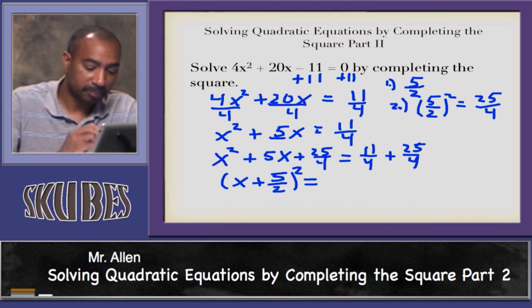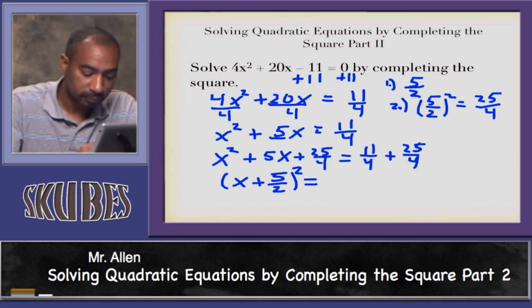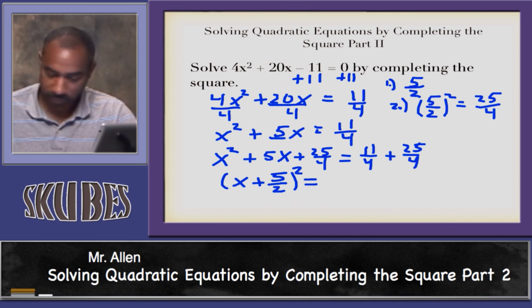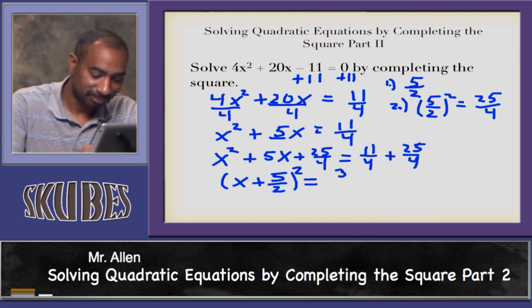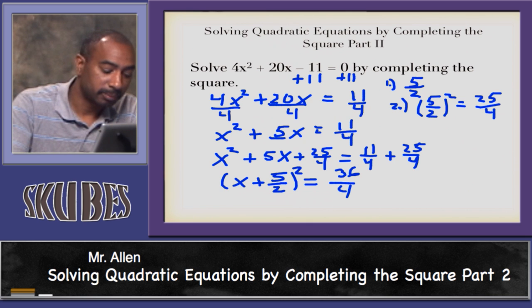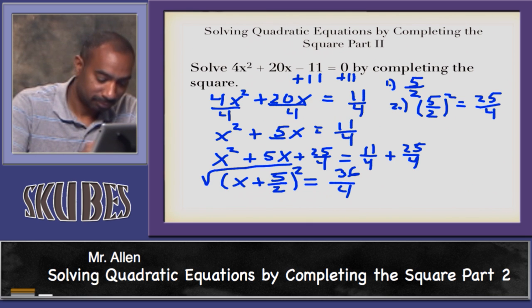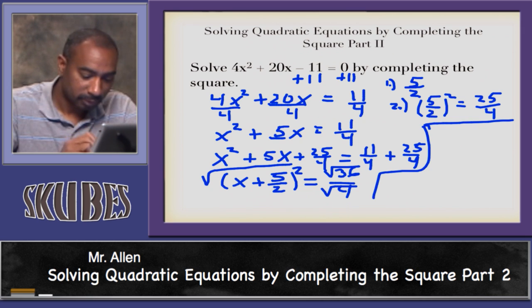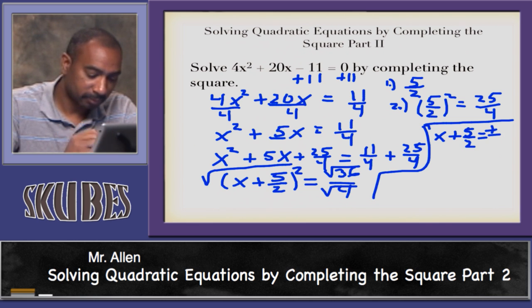And 25 plus 11 will be 36. So 36/4. And what you're going to do is take the square root of both sides. So you got x plus 5 halves equals plus or minus, well, the square root of 36 is 6.